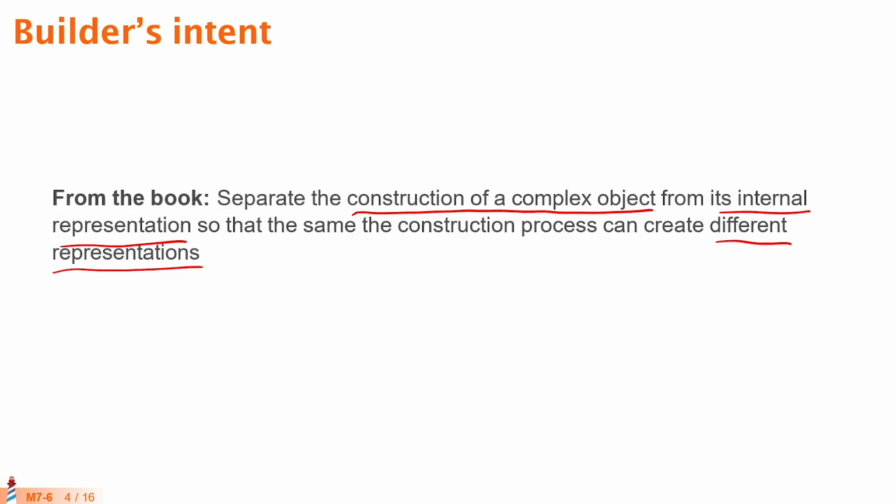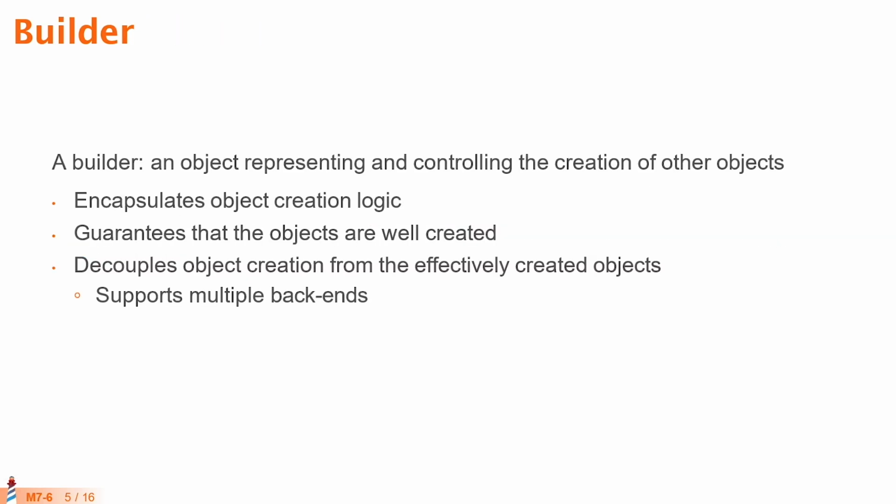The idea is that we are going to centralize the construction of a complex graph of objects in an object. As we said, the builder has the specific idea of representing the building, the creation of other objects.